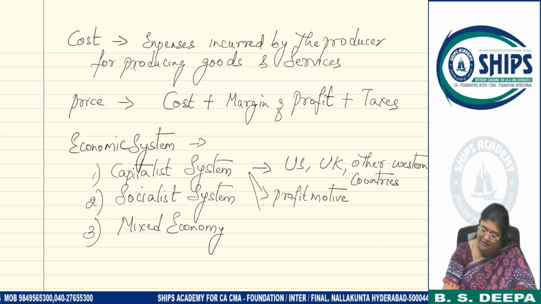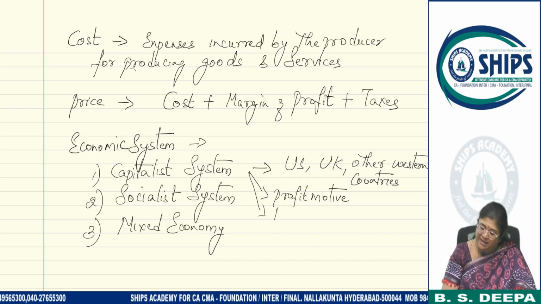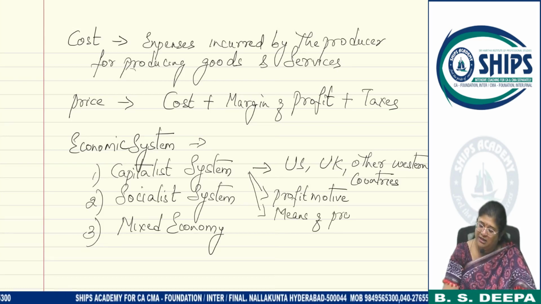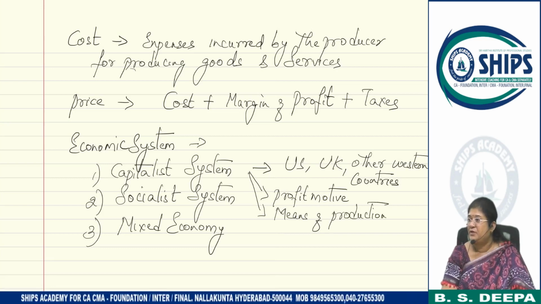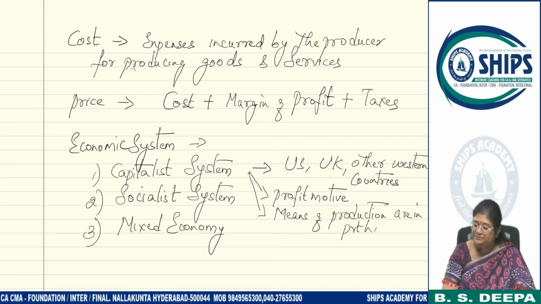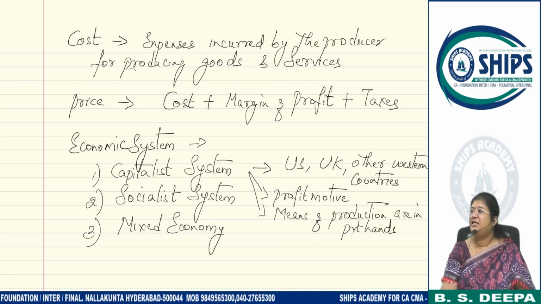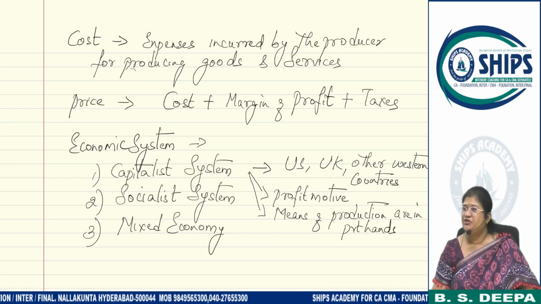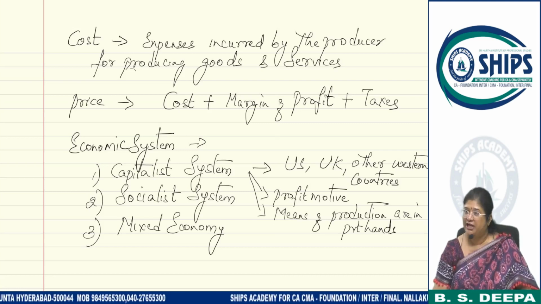More than that, you have to understand that the means of production, that is the factors of production, are privately owned. Means of production are in private hands. That means private individuals have ownership of land, labor, capital, organization.